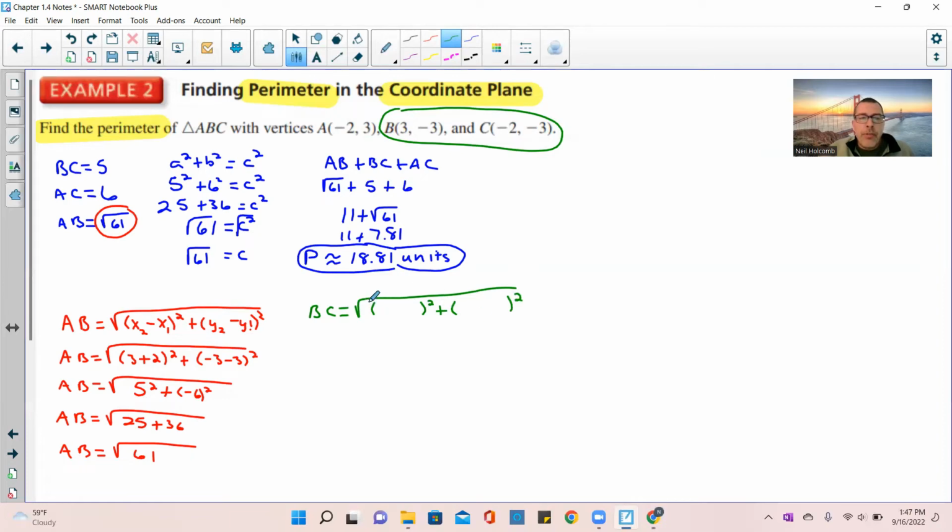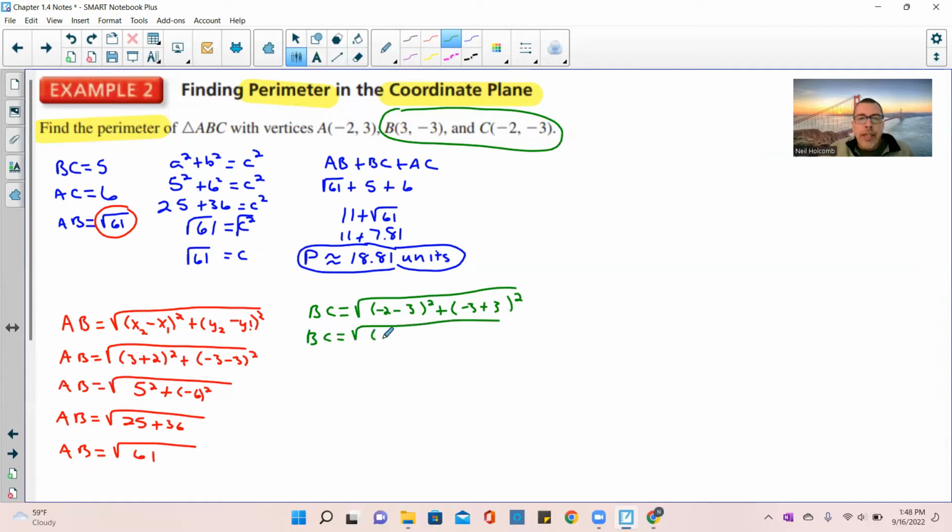Now we just substitute. So we want x from the second point, which is -2, minus x from the first, which is 3, y from the second, -3, minus a -3 is +3.